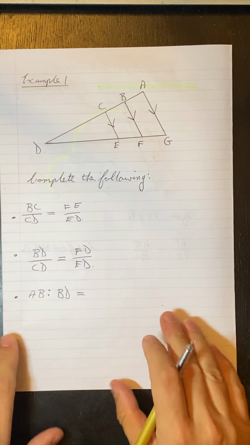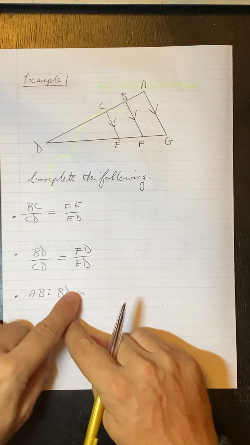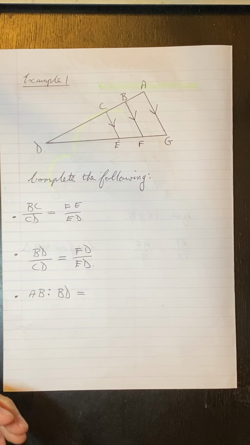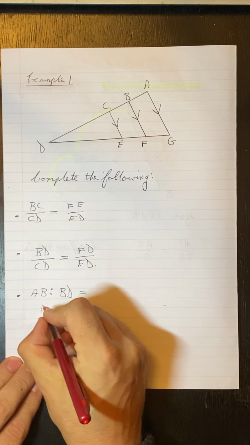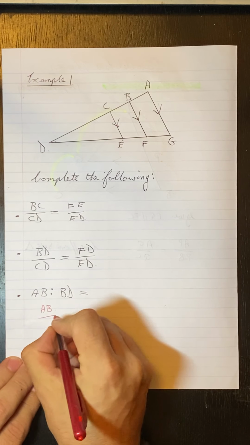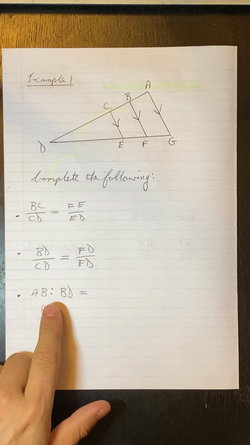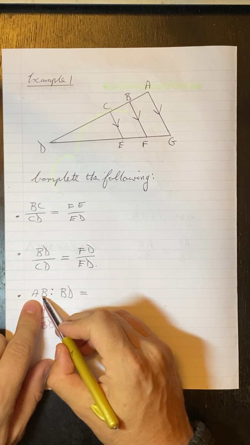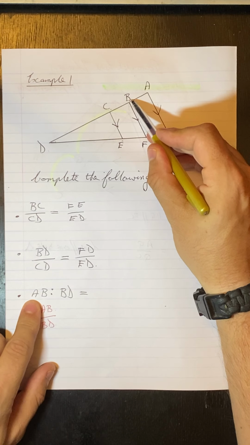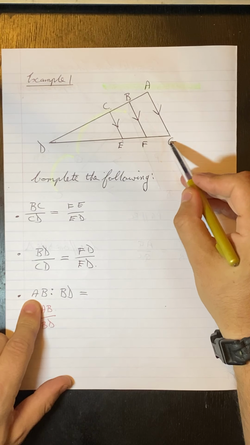All right. Now, we spoke about this before. A ratio you can write as a fraction, just like what we had with these two over here. So this is actually saying AB over BD. Okay. But because I gave it to us in this form, I'm going to give the answer in that form. So we've got AB, that. So we know that little section will correspond to this little section.